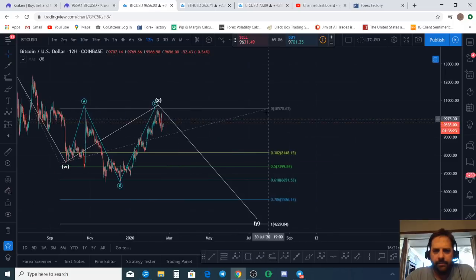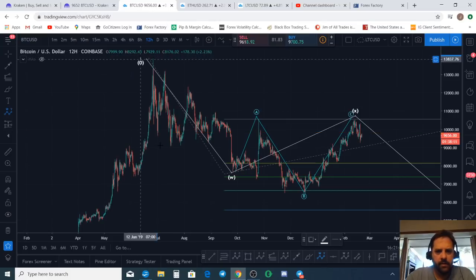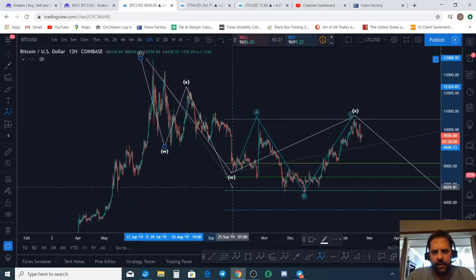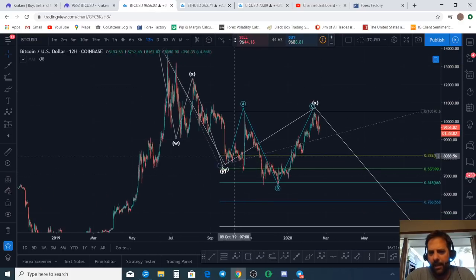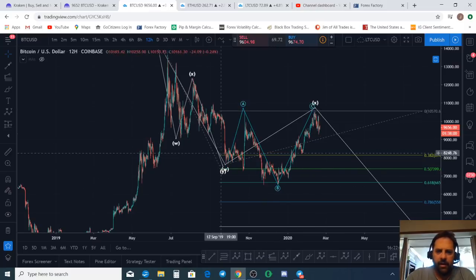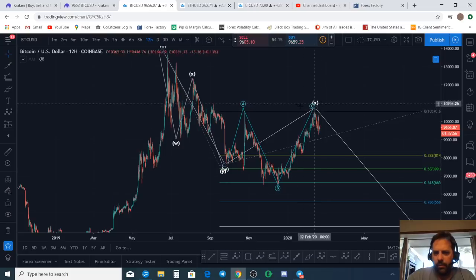We call this a 3 wave move right here, some kind of a W. Let's try it again. WXY, and that's going to form the W leg of this. Then we have an expanded flat on the large scale, which comes to the 127 extension.